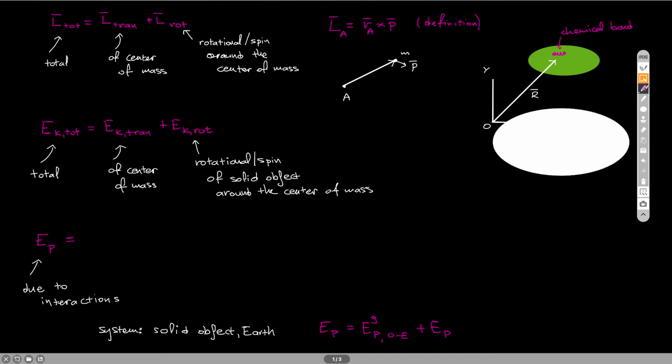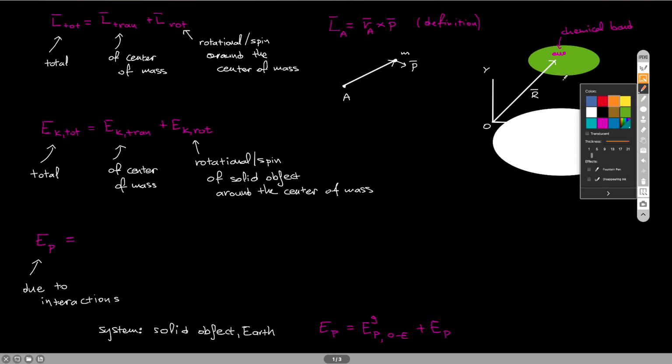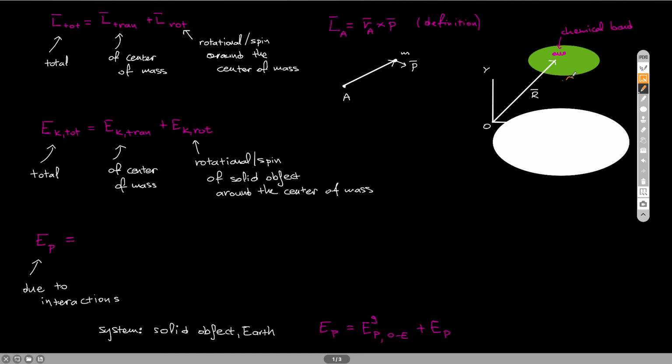Now, there is a gravitational interaction between my solid object and the Earth, but also there is an interaction between those two atoms. So I will have a gravitational potential energy because my solid object has a gravitational interaction with the Earth, but also I will have a potential energy associated with the interaction between the two atoms.